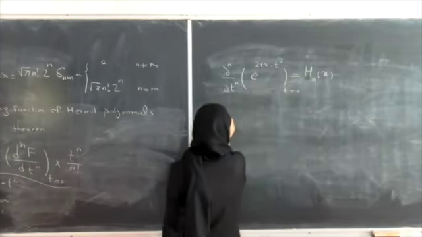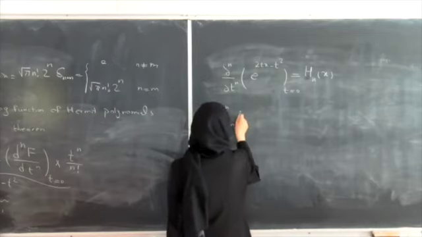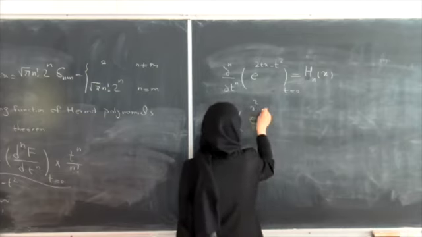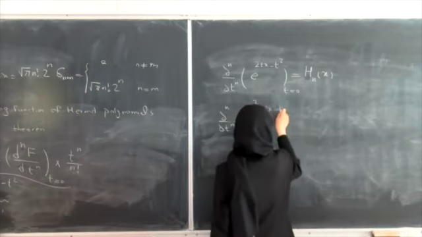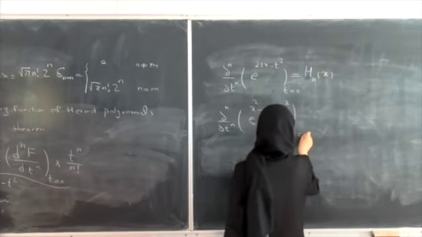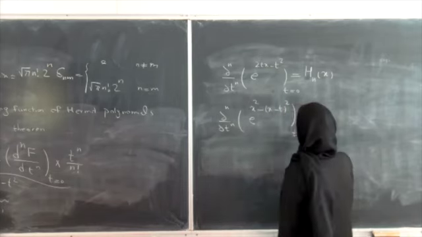We can write this as e to the x² times e to the minus (x minus t)², evaluated at t equals 0.